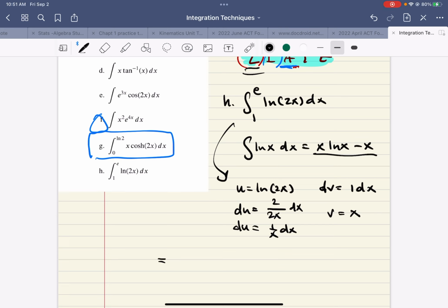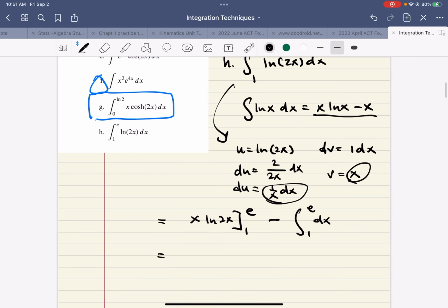Now that becomes then uv, so x ln 2x between 1 and e, minus the integral of v du. Okay, v du. So x and 1 over x cancel out, so just dx, 1 to e.